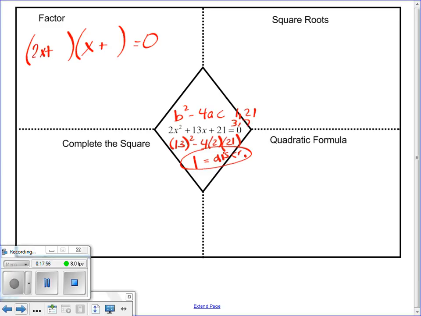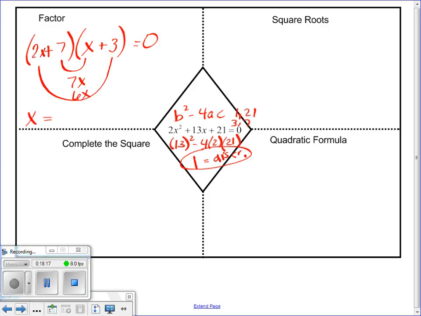You want to go 1 and 21 or do you want to go 3 and 7? You want to go 3 and 7 or 7 and 3? What did you say? 7 and 3? Let's double check that. Inside gives me 7, outside. Does that make 13? Yeah, so we know we factored it good.